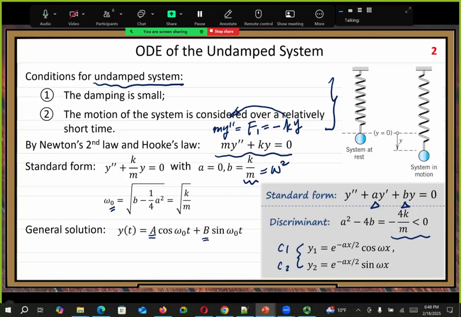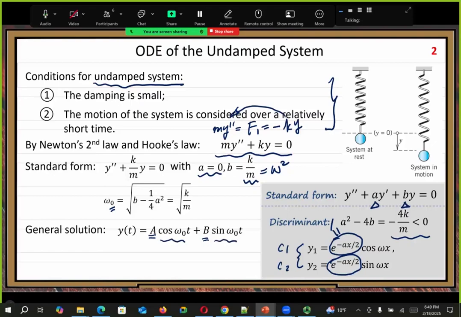Here this term is gone. Why is this term gone? Because this A is 0, so A x over 2 is 0, and the e function equals 1. So in this solution, you do not see the e part.